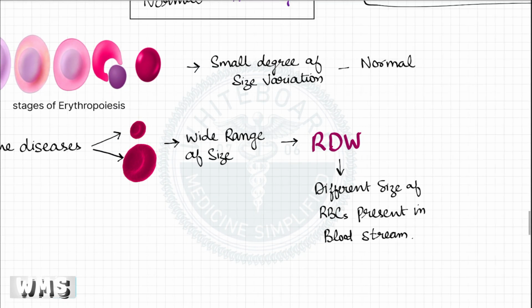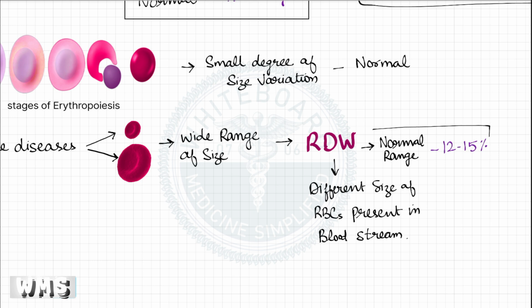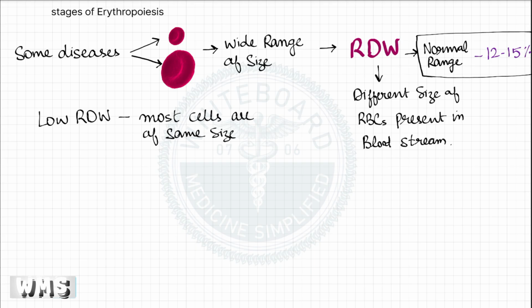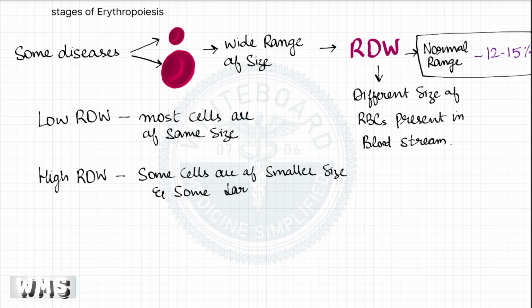Its normal range is 12 to 15%. So if RDW is low, most of the cells are of the same size, or there is less variation in size. And high RDW means some RBCs are of smaller size and some are of larger size.